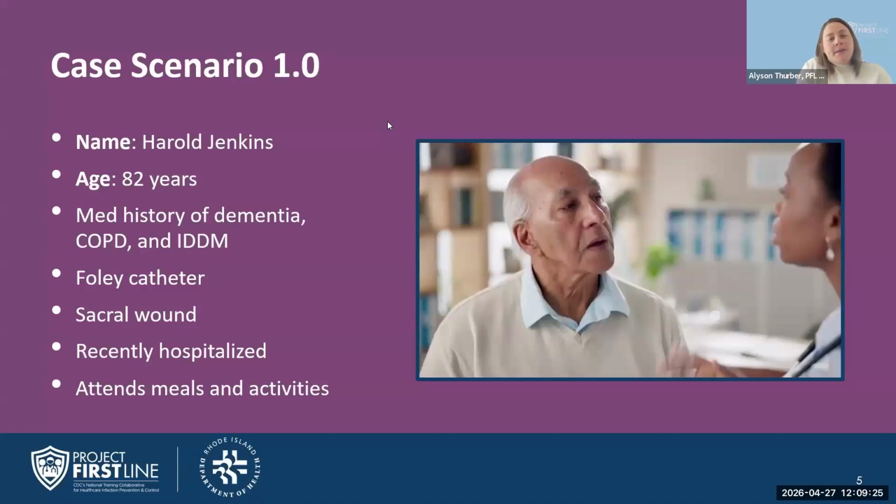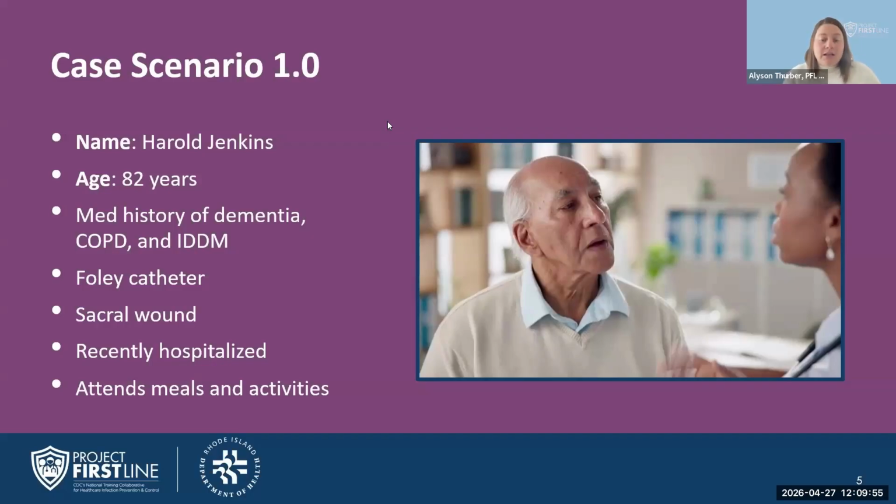All right, so as mentioned, throughout this training we'll follow an example patient case that we can use to illustrate infection prevention and control strategies and hopefully apply them to our facility. So our case is going to be Mr. Jenkins. Mr. Jenkins is an 82-year-old male living in a long-term care facility. He has moderate dementia and often needs cueing during activities of daily living. He has a chronic Foley catheter and a wound on his sacrum.